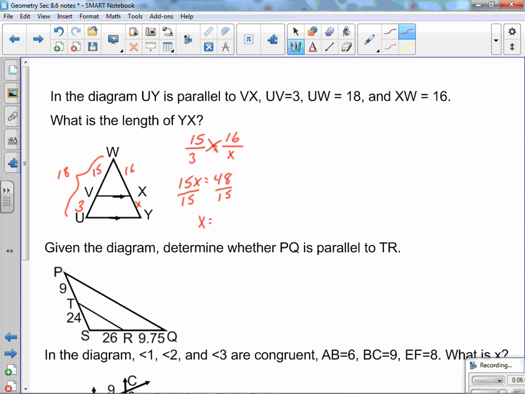And our x is going to equal 3.2. Or that x actually is XY, right? So the length of XY is 3.2.